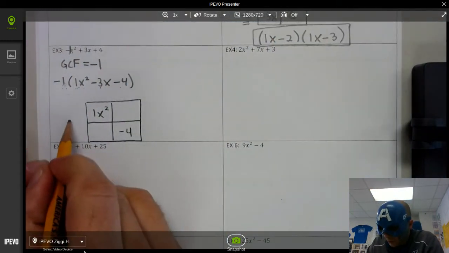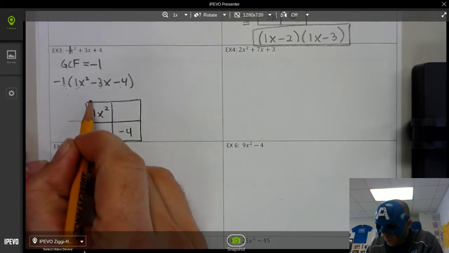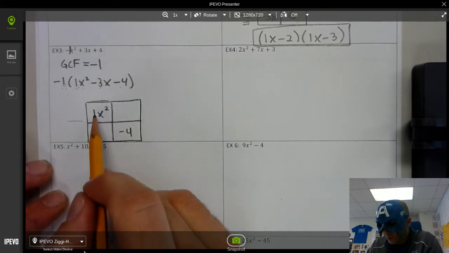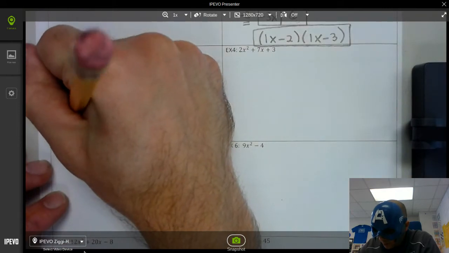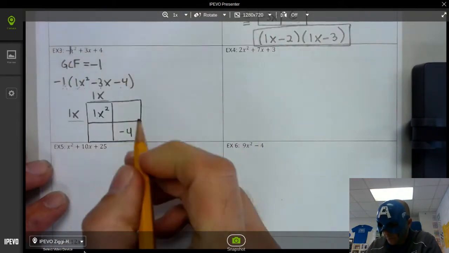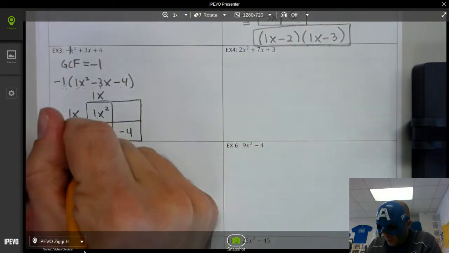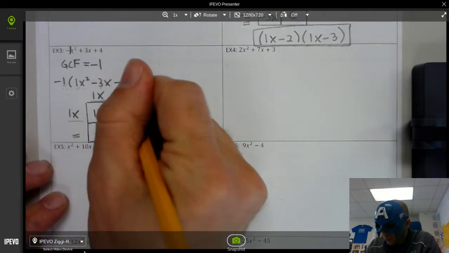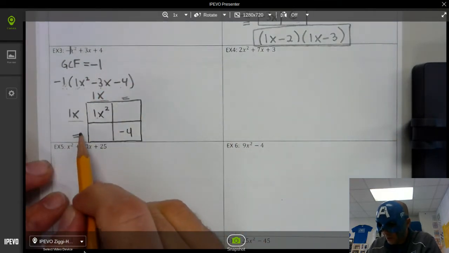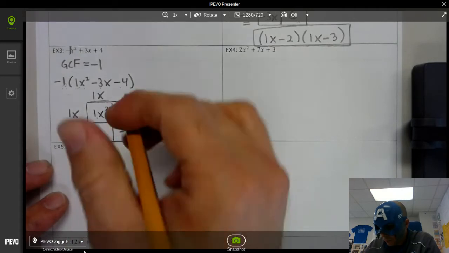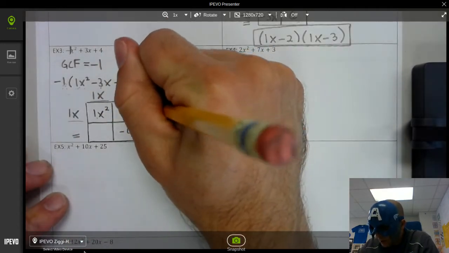So we're looking for what terms multiply to give you 1x squared. Well, 1x times 1x. Now the next thing we're doing is we're looking for the terms that multiply to give you negative 4 and combine to be negative 3x.